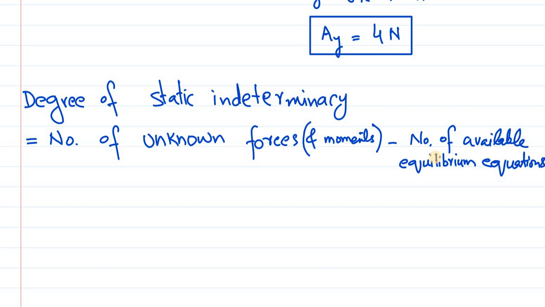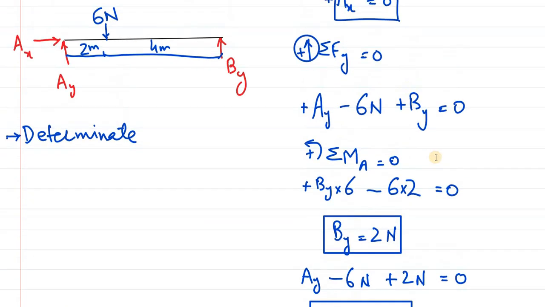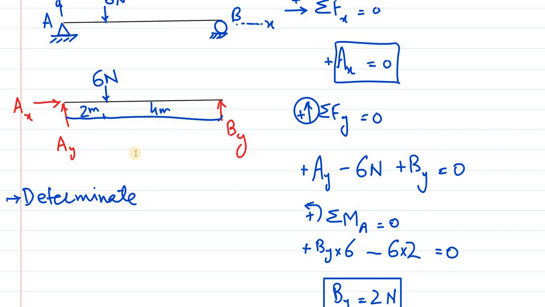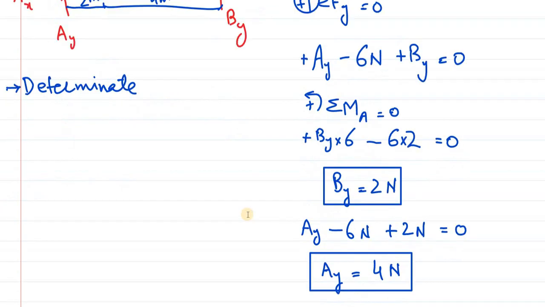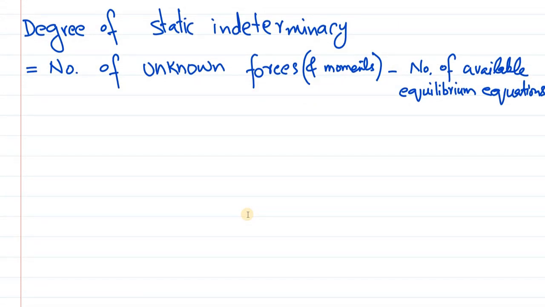In this particular beam, we had 3 unknown reactions, and we had 3 available equilibrium equations. So this was equal to 0.